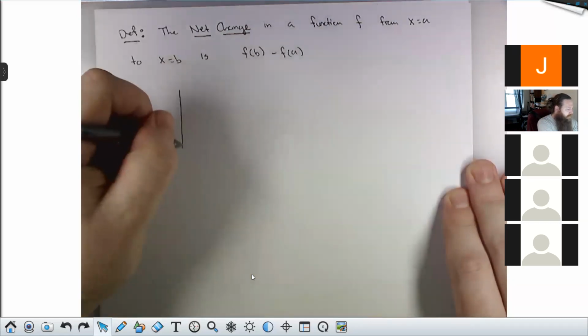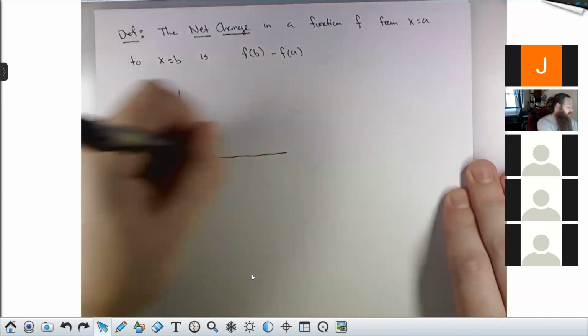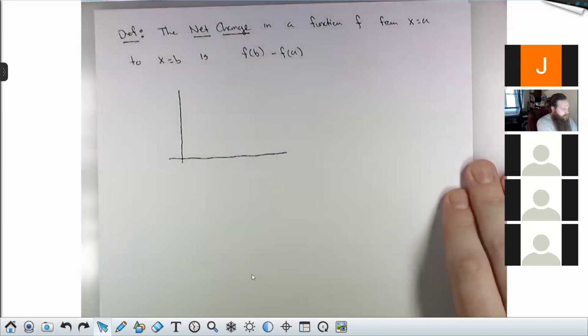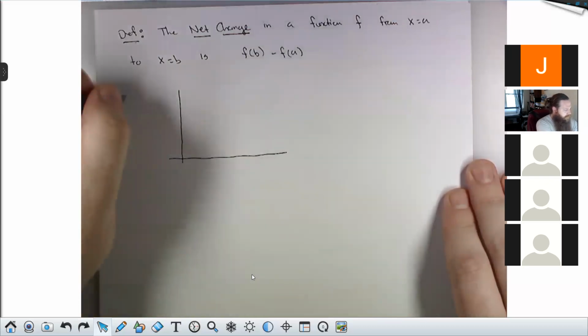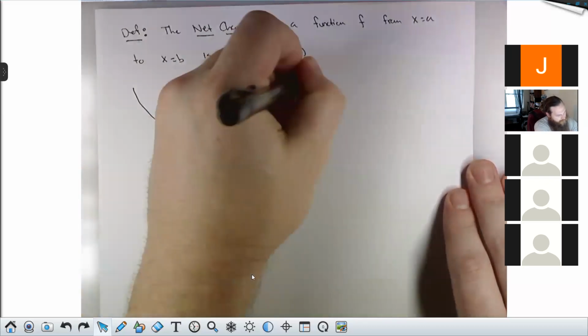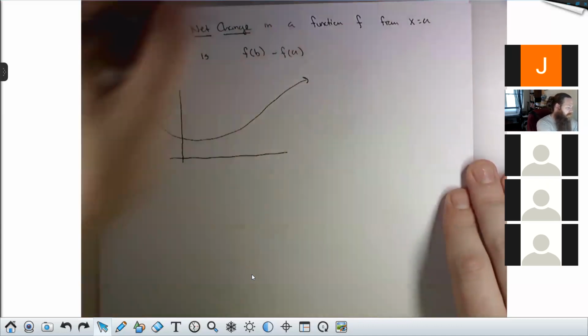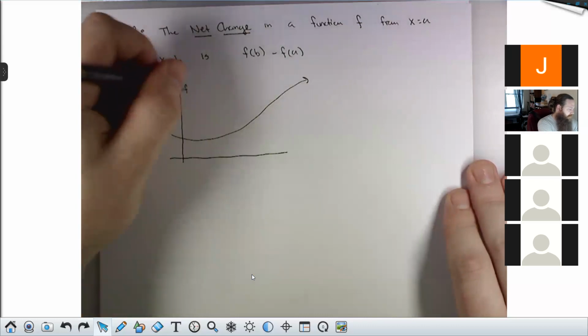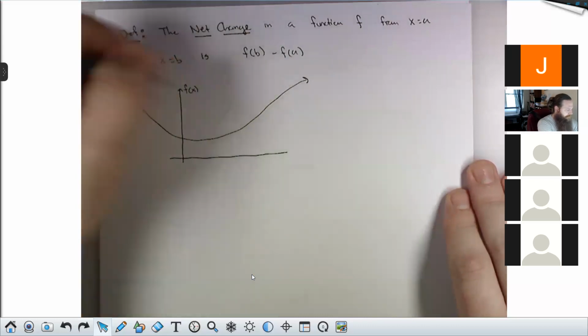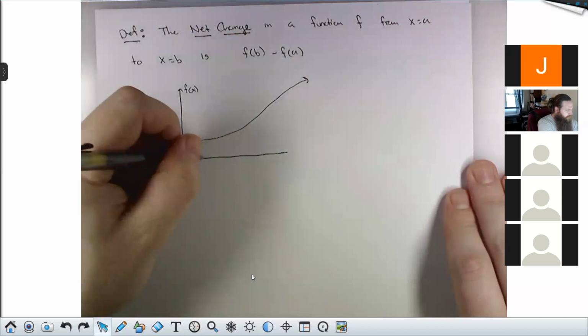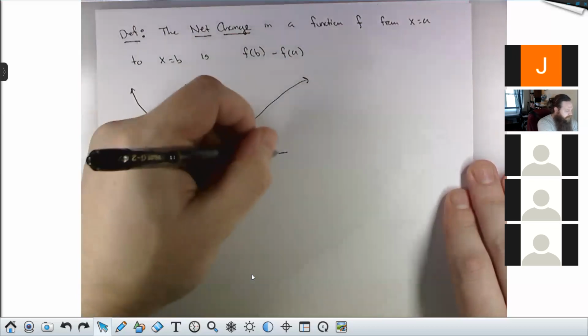I have some function, maybe looking something like this. It's the graph of f of x. And I have an interval from a to b.